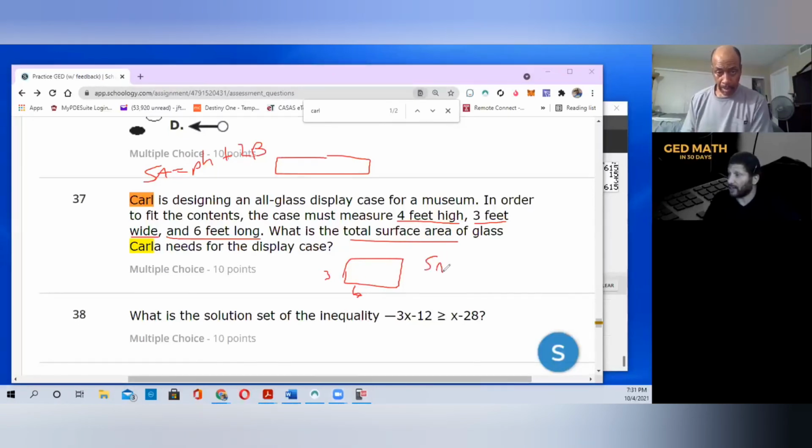So surface area is equal to the perimeter of the base times the height plus 2 times the area of the base. So SA equal, the perimeter of the base is 9 times 2, which is 18. The height is 4 plus 2 times the area of the base. 6 times 3 is 18.